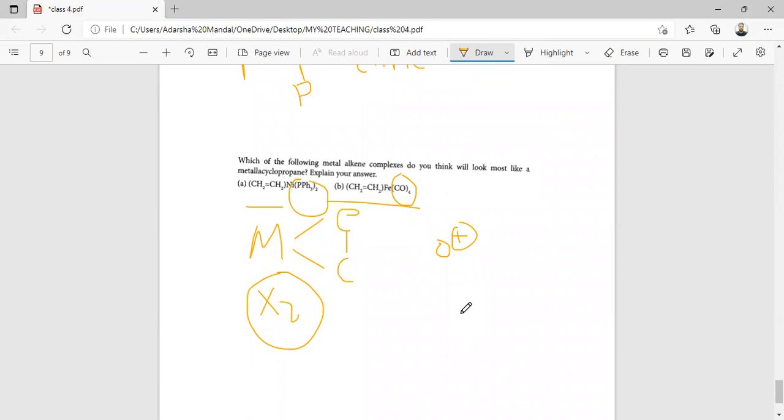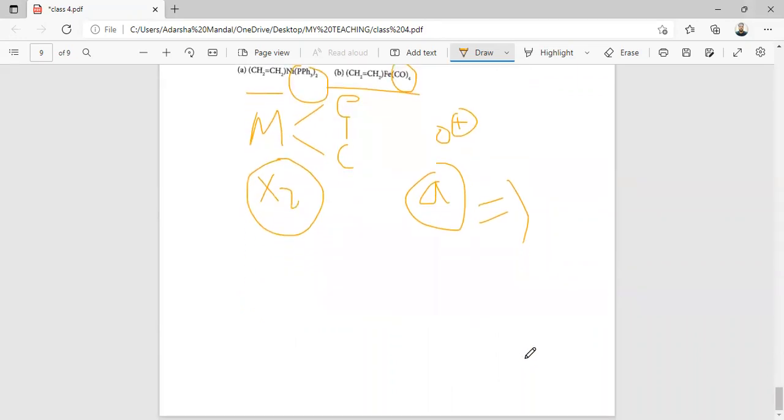So the electron donating property of the phosphine is better compared to the carbonyl. So the phosphine bound metal complex has more electron density at the metal center, which will favor more back donation from the metal to the ethylene molecule. So here complex A will favor the metallocyclopropane structure compared to complex B. So thank you.